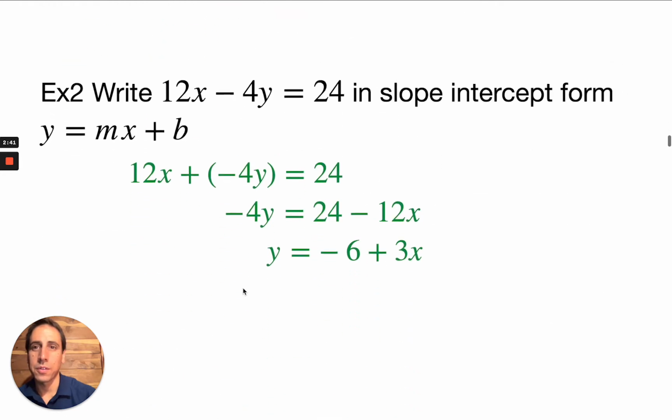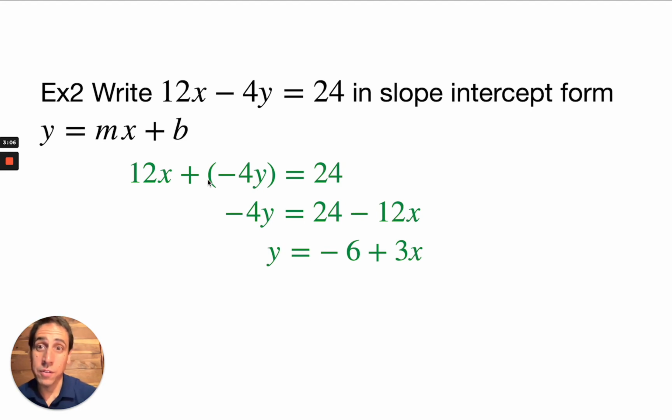Let's take a look at example 2. Write 12x minus 4y equals 24 in slope-intercept form, kind of the reverse process. Well, slope-intercept form has to have y all by itself. Honestly, subtraction just confuses people all the time, so sometimes it's a lot easier to rewrite things in terms of addition.